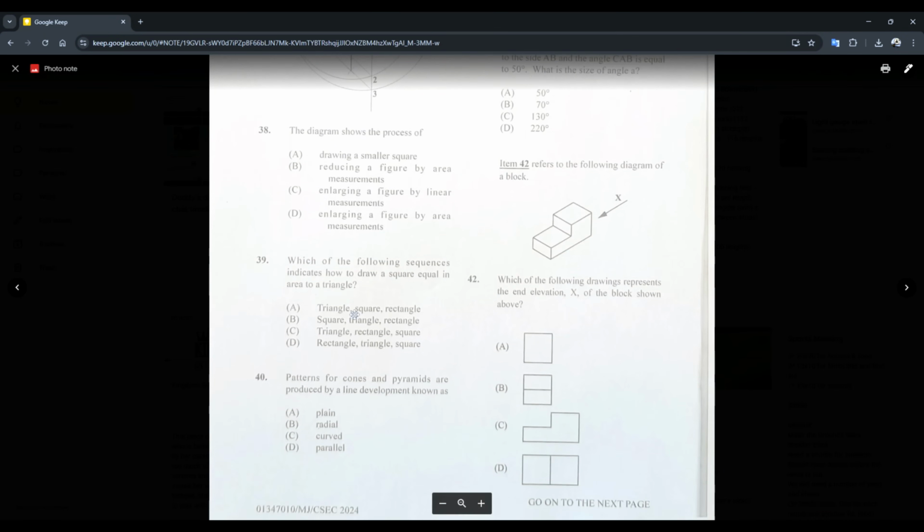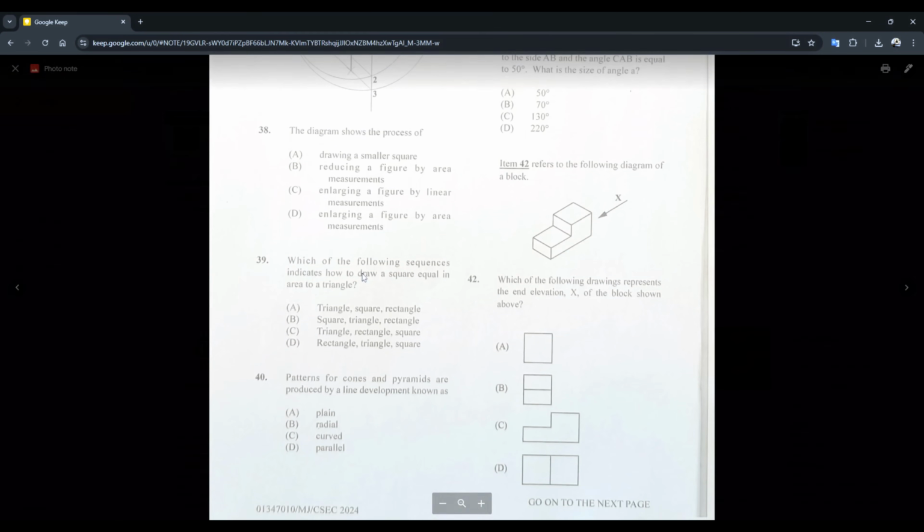So number 38B. Number 39, which of the following sequences indicates how to draw a square equal in area to a triangle? Now, this is a pretty tricky question, but it's straightforward if you think about it. So you must start with the triangle. That's the first thing. So B and D are null and void.